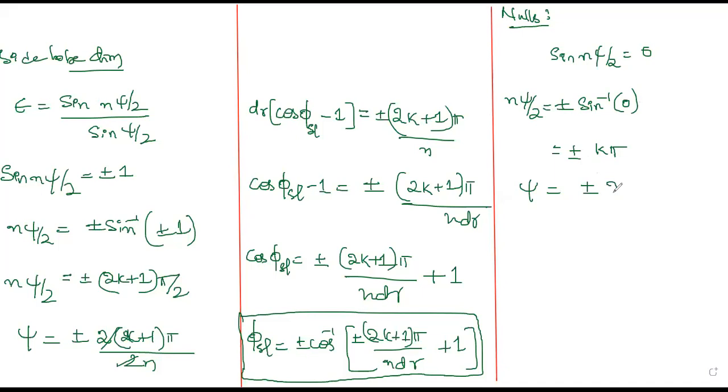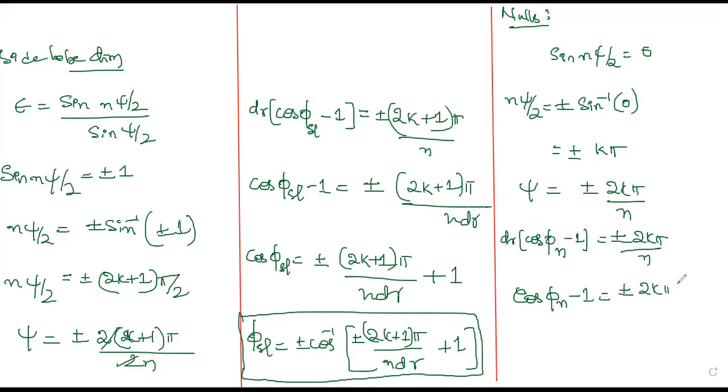So it is plus or minus 2k pi by n. Substitute for xi as dr cos phi null minus 1, which is equal to plus or minus 2k pi by n, which is cos phi null minus 1 equal to plus or minus 2k pi by n dr.